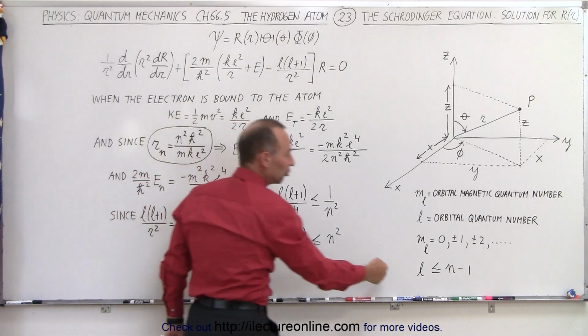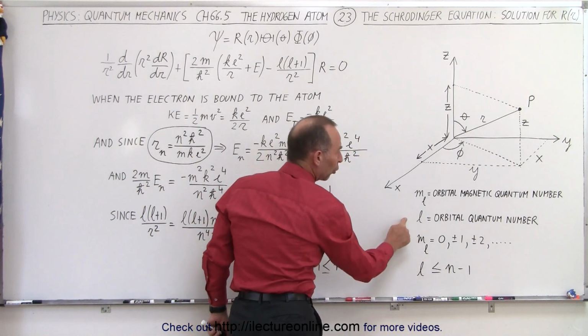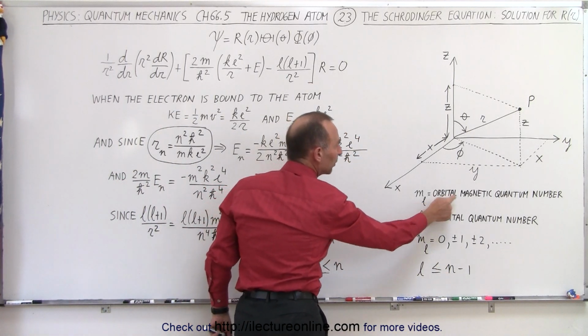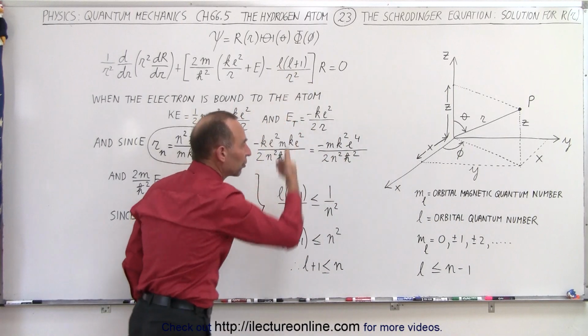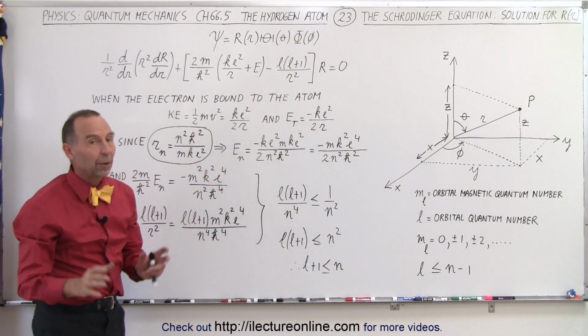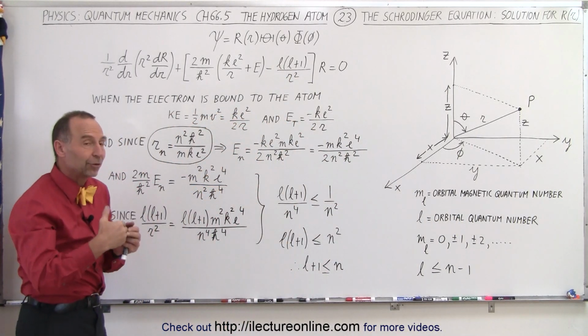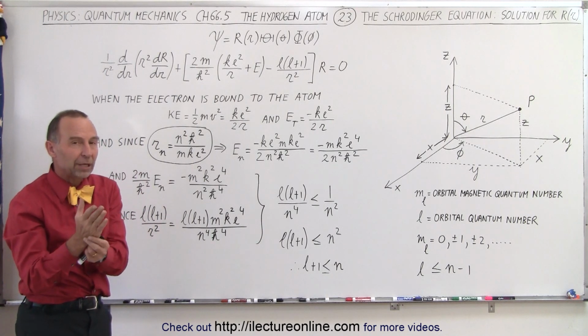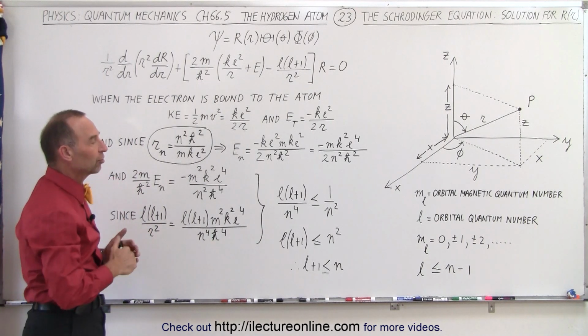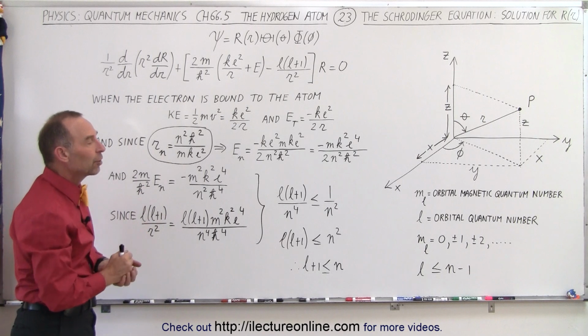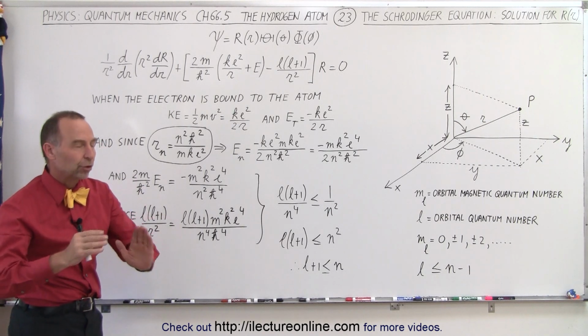So now we have a relationship between the quantum number, the orbital quantum number, and the orbital magnetic quantum number based on the three differential equations. Now, we haven't solved the equations yet, so we don't know yet what the solution will be to the three-dimensional wave equation, but that will come later. We'll show you how to do that.